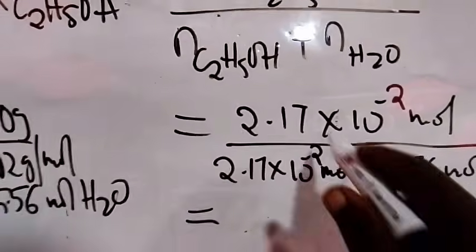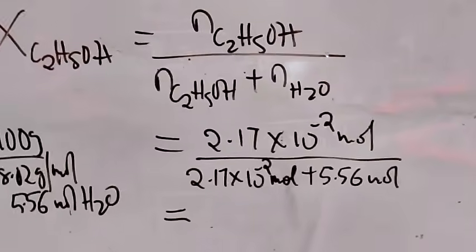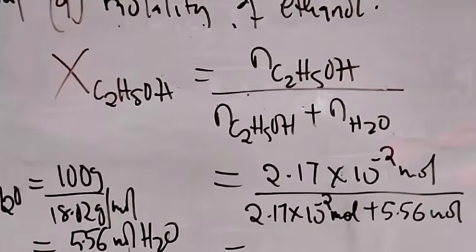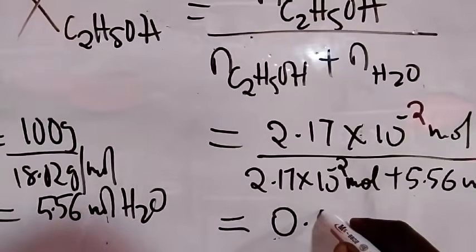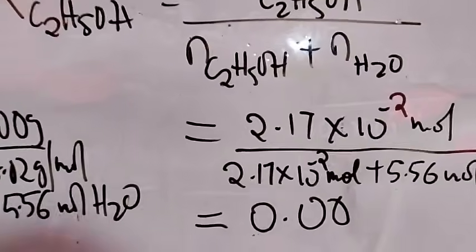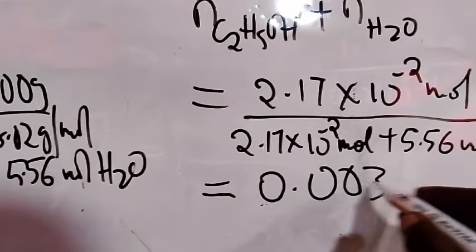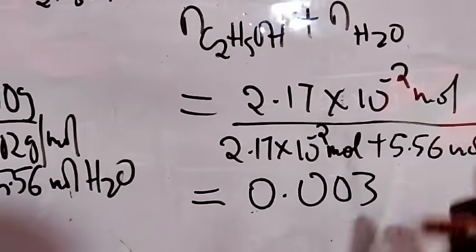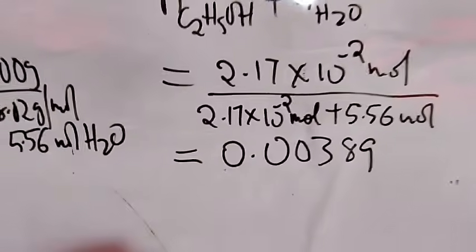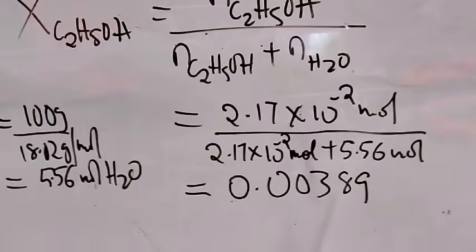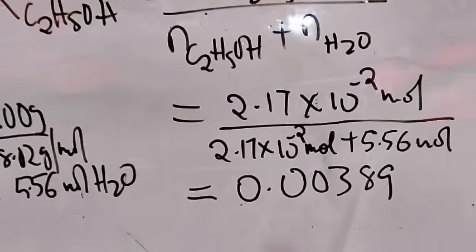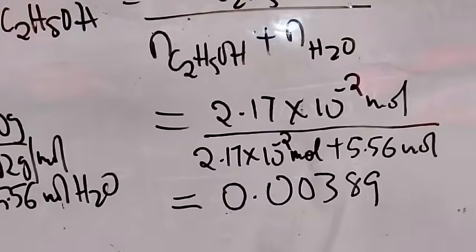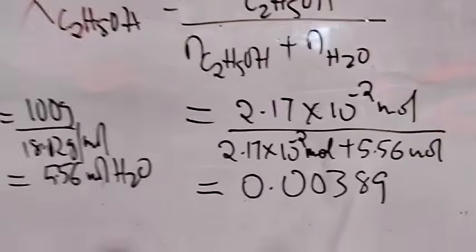You add down, then you divide. When you do the arithmetic, you are going to find 0.00389. This is the mole fraction. So you can clearly see that the mole fraction is less than 1.